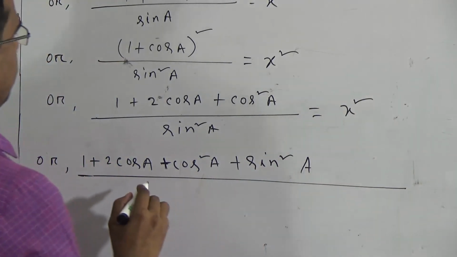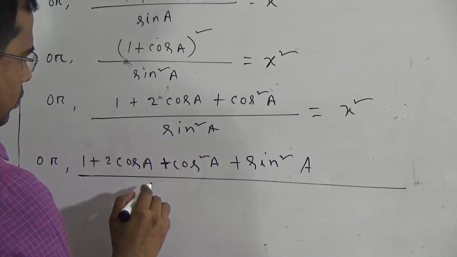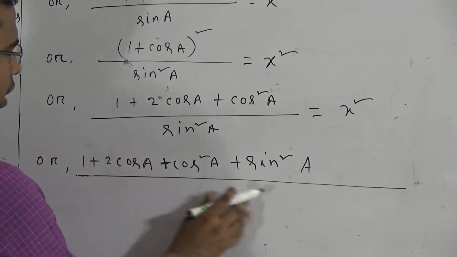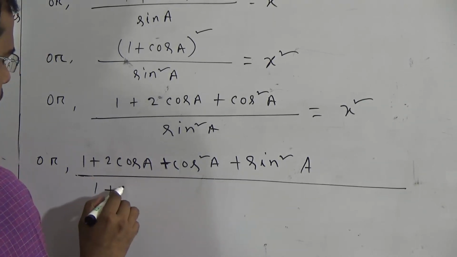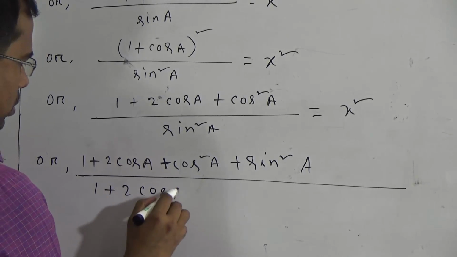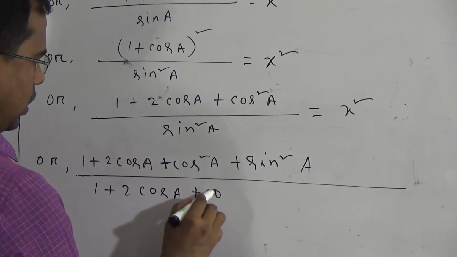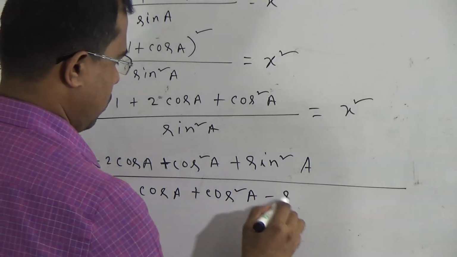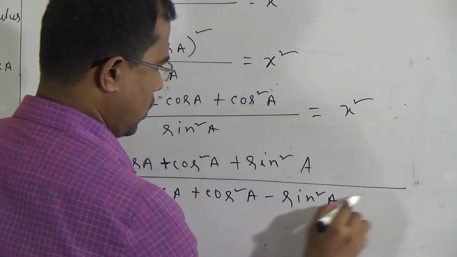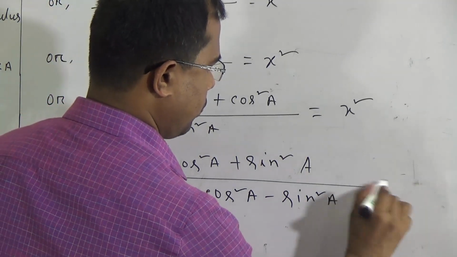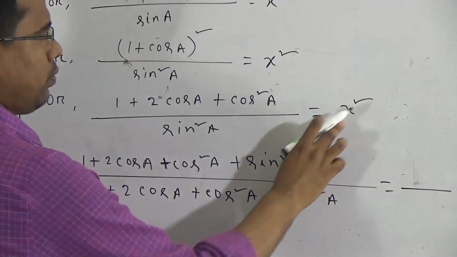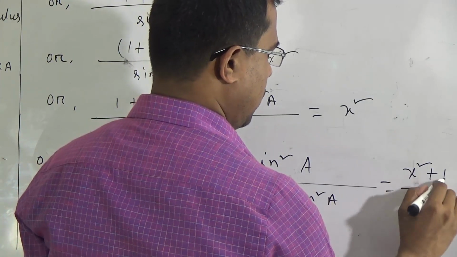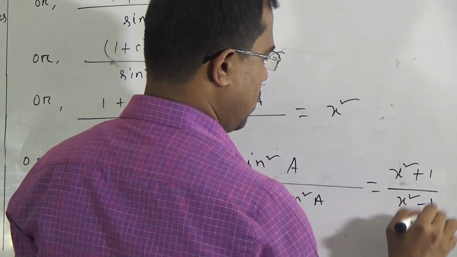And here numerator minus denominator, that means 1 plus 2 cos A plus cos square A minus sin square A. This is equal to, here denominator is 1, so numerator plus denominator divided by numerator minus denominator.